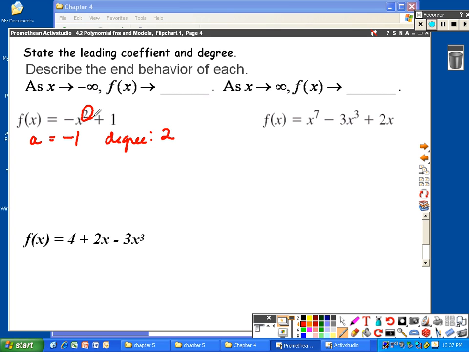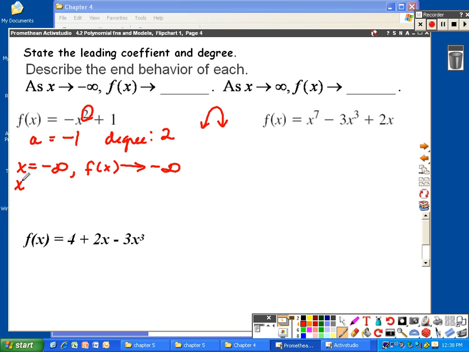Now the end behavior. As x gets negative, what happens to y? If it's a square and the leading coefficient is negative, that tells you it should be a parabola like this. So as x gets negative, y gets negative.